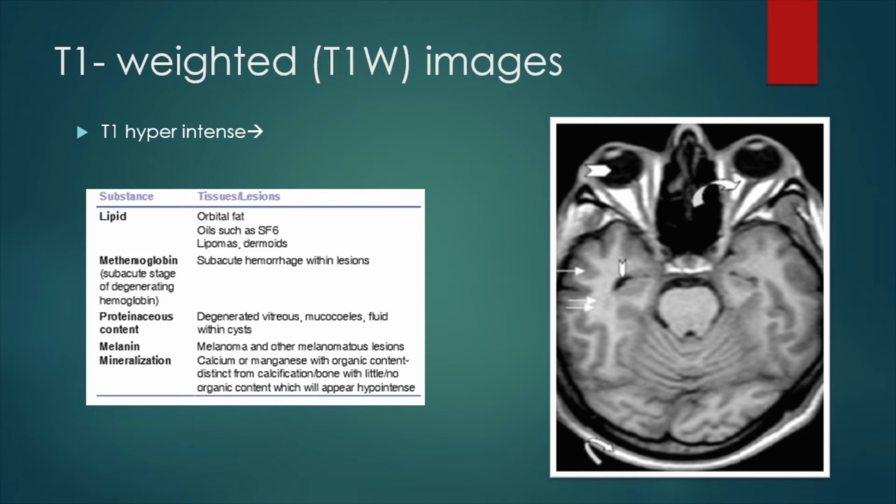And T1 hyperintense lesions are shown in this tabular column. The lipids and methemoglobin, proteinaceous contents, melanin, and mineralization would appear T1 hyperintense.